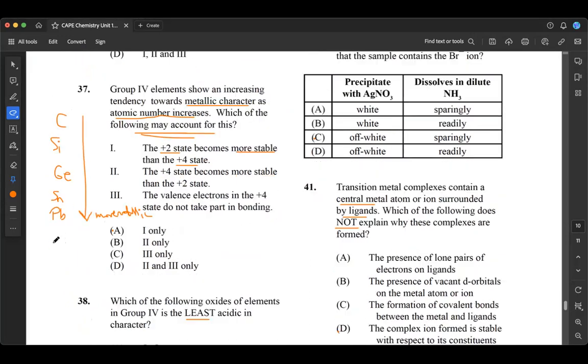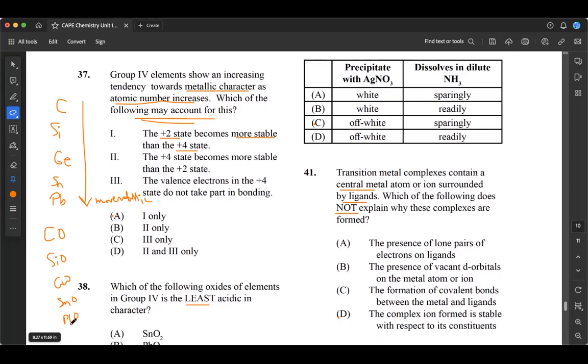So in the +2 state, we have CO, SiO, GeO, and then SnO and PbO. Right? Remember now, if we drag back your memories to the characteristics of these oxides, as you go down the group, the lead in the 2+ state becomes more stable, right? And so this is in fact more stable. So the +2 state becomes more stable than the +4 state.